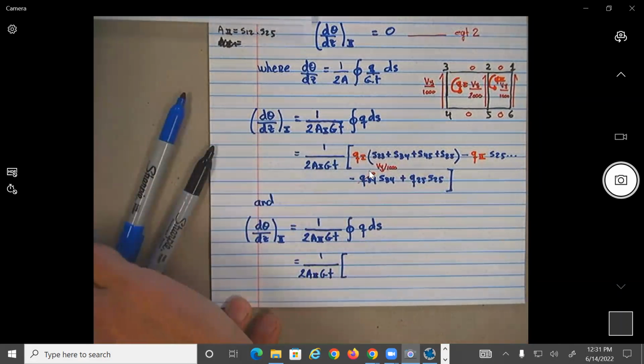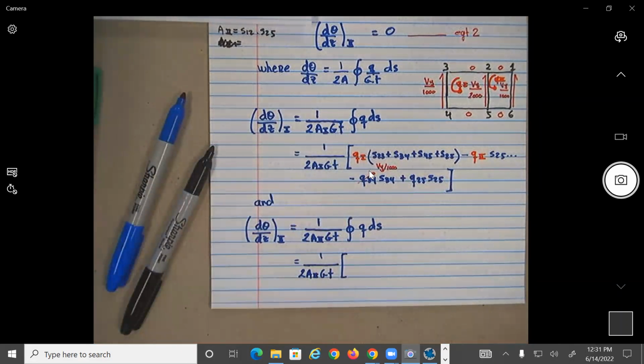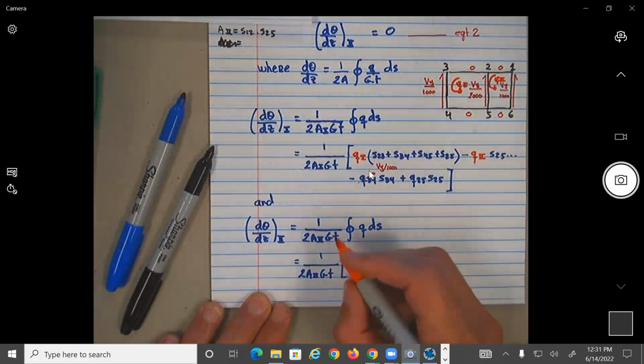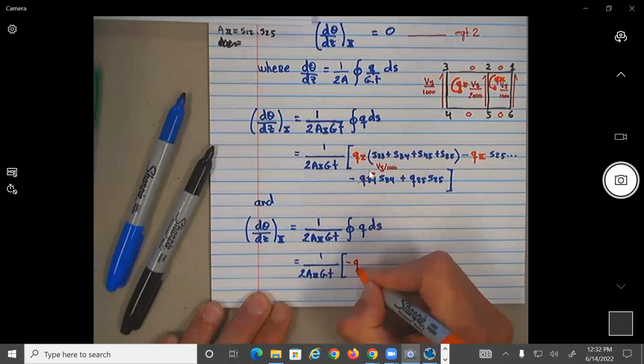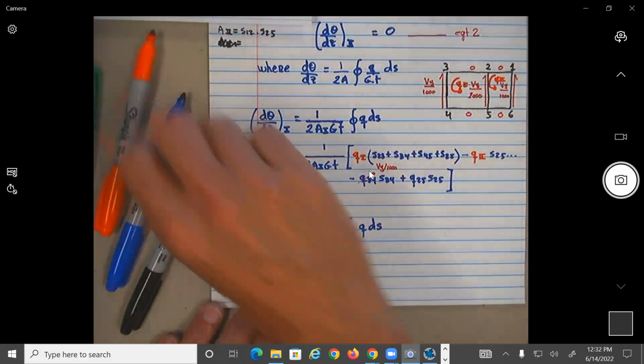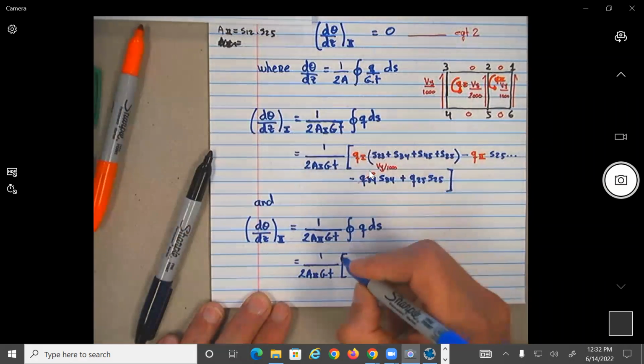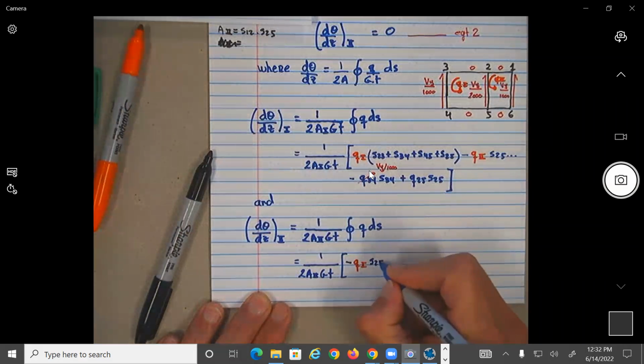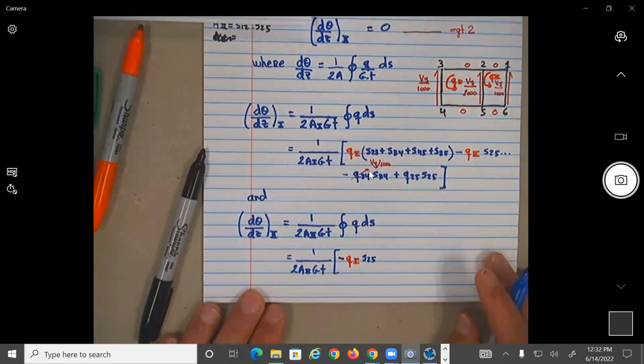Let's do the same thing. Let's start with the Q1. Will the Q1 be now positive or negative? If we do counterclockwise, the Q1 is going up, no? So it should be minus Q1. I'm using that in blue. Minus Q1 times what? S25.